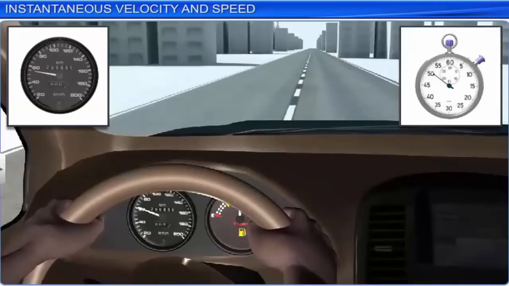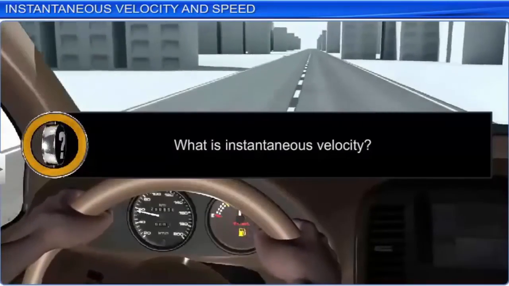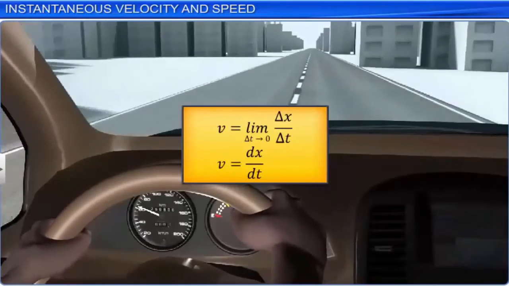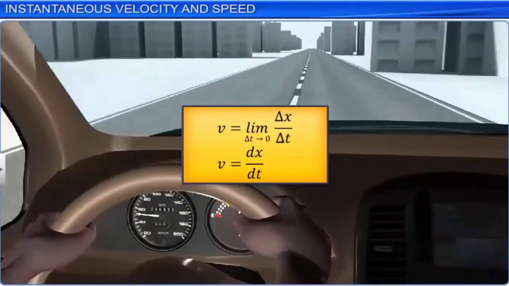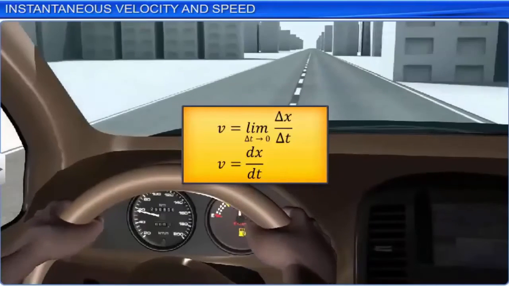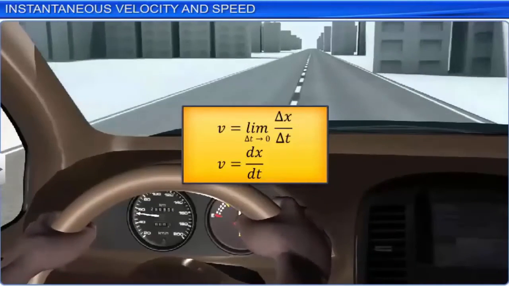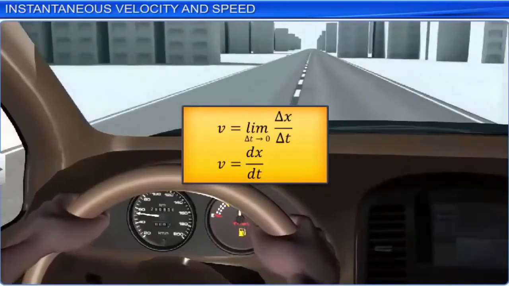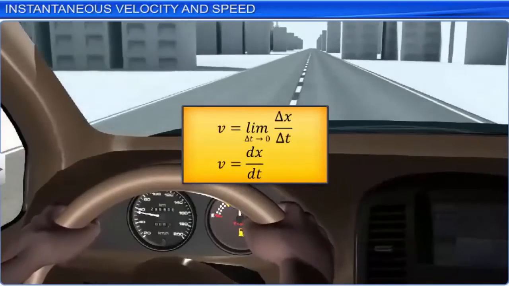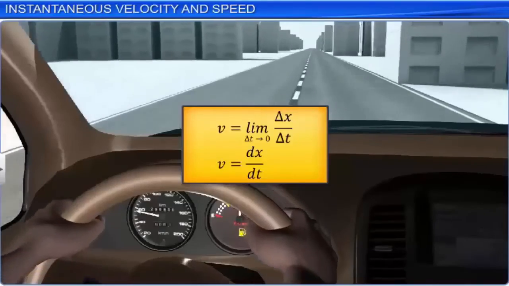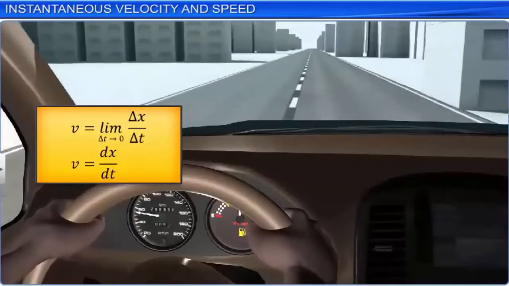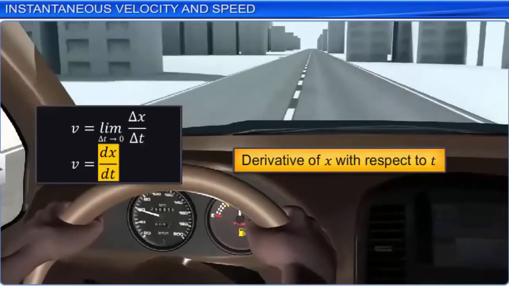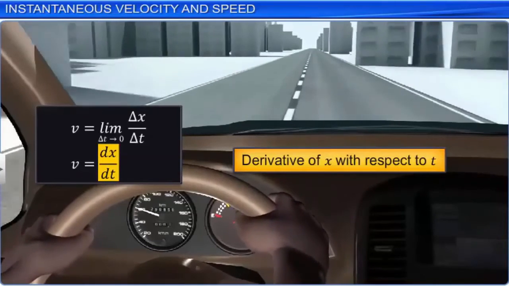What is instantaneous velocity? The velocity at an instant, or instantaneous velocity, is defined as the limit of the average velocity as the time interval delta t becomes infinitesimally small. In differential calculus, the right-hand side of this equation is called the derivative of x with respect to t.